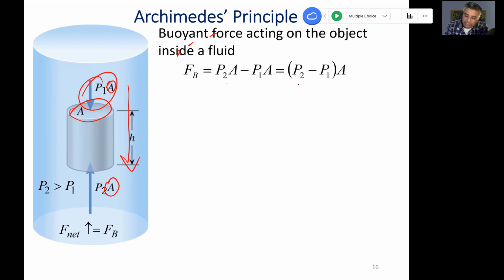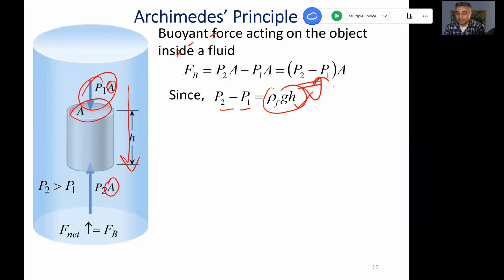And now I can make use of the fact that these two pressures are related, right? We know that this pressure difference is just related to height, so I can plug that in there. Okay, so that's going to give me this. Now there is height and there is area.